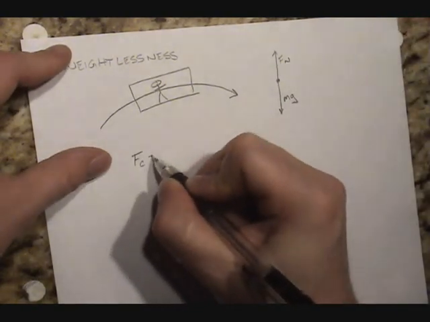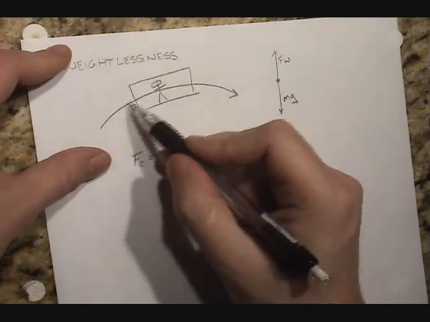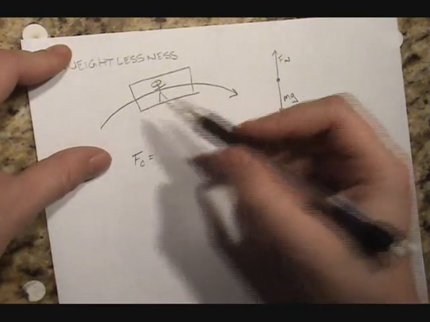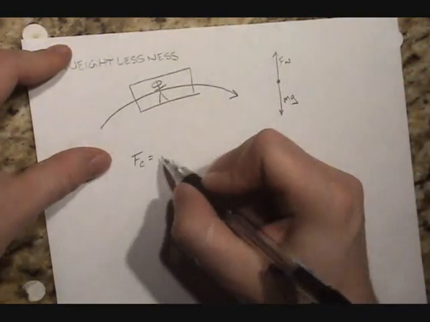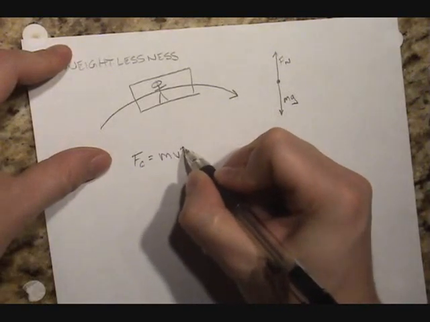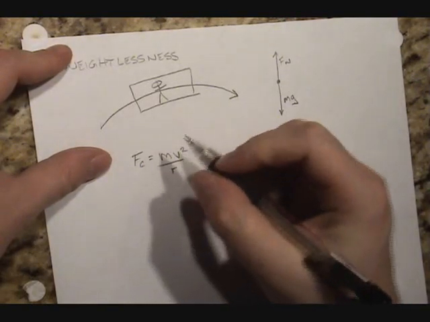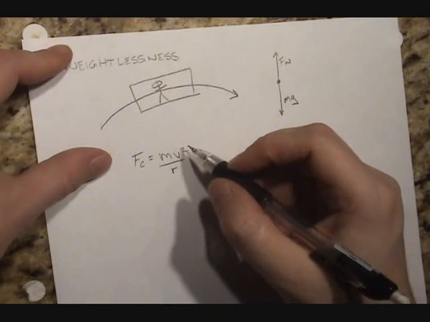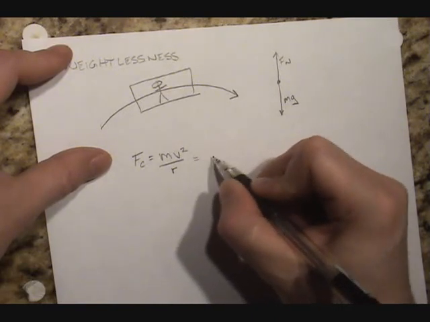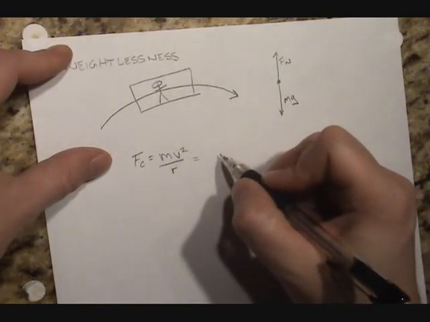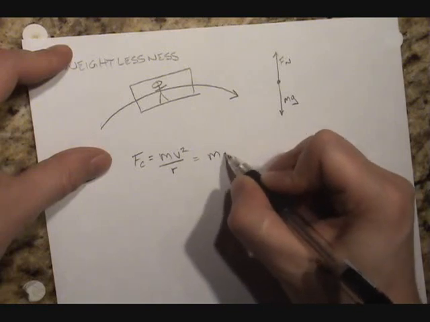So, since I know the circular motion that this guy follows is a result of these two forces, I know that mv squared over r is equal to the gravitational force, which points down.